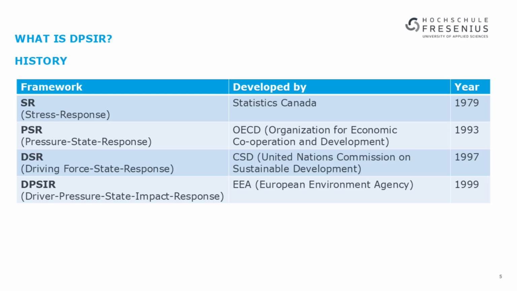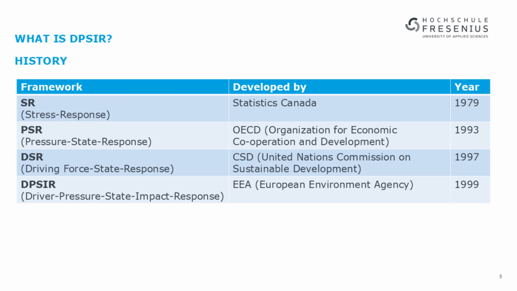Let's have a look at the history of frameworks describing interactions between society and the environment. The roots go back to 1979 with the stress response framework. Later on, in the 90s, the pressure state response framework was developed by the OECD. This framework focuses on human-made effects, not taking natural variability into account.